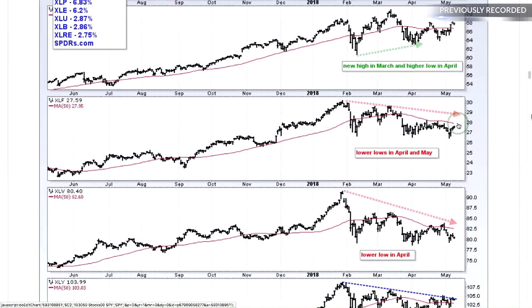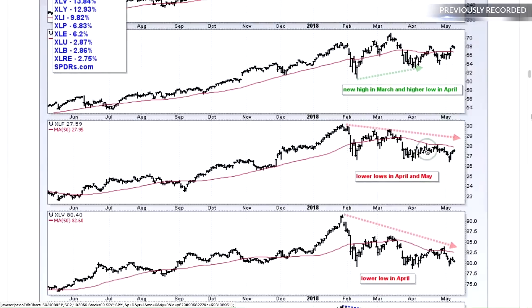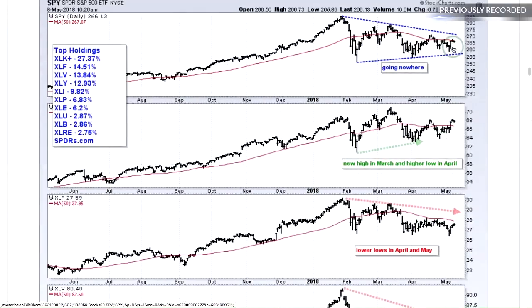All right, you may notice that I have a 50-day moving average on this chart. I'm using that not as a support or resistance level, but rather as a marker. So you can see that SPY is right at that 50-day. And then you can see that XLK is above it.